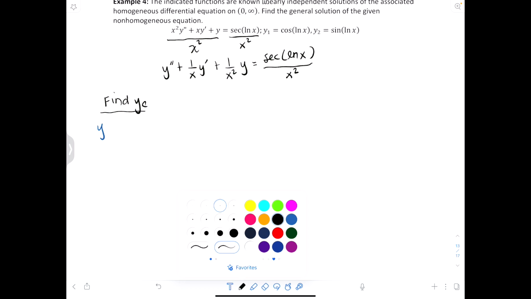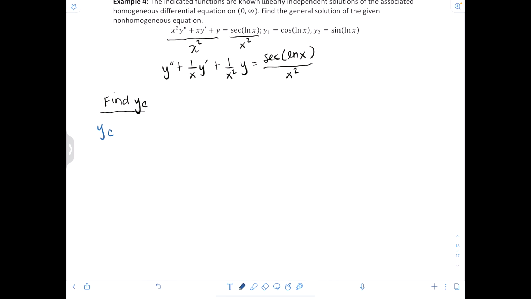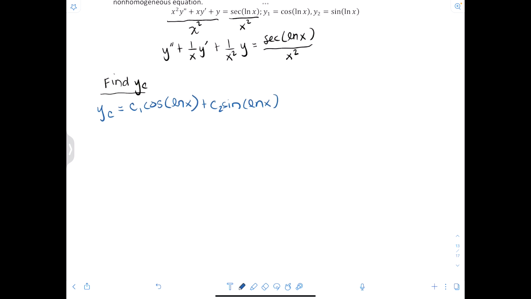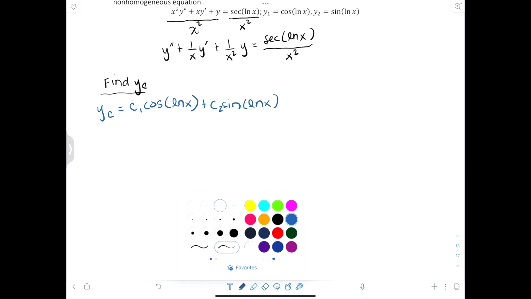So yc will be equal to c1 cosine of natural log x from y1 plus c2 sine of natural log x. Now, let's do our Wronskians.